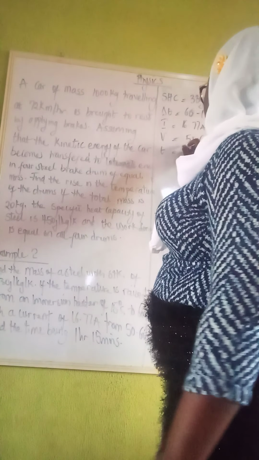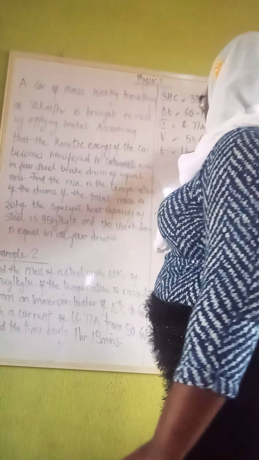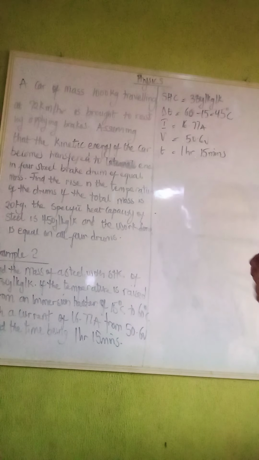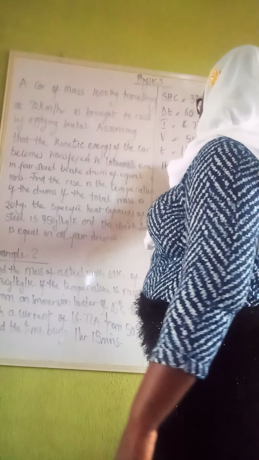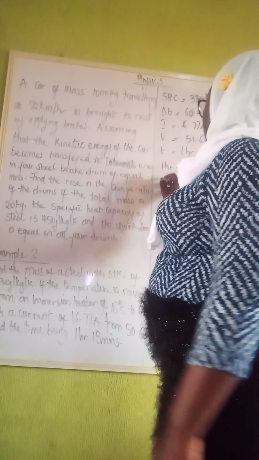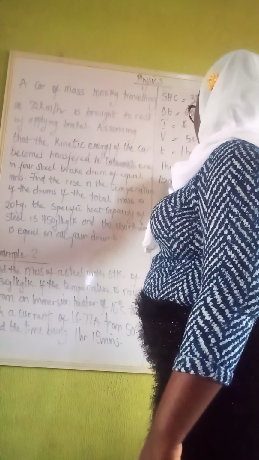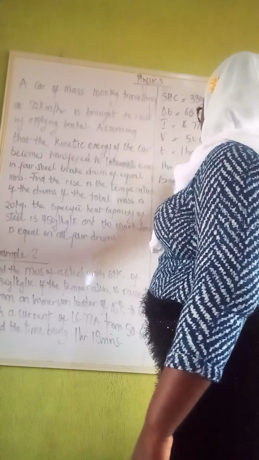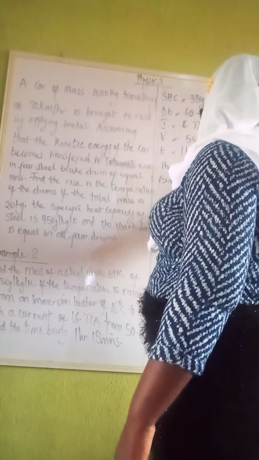And the time, remember your time has to be in seconds, but here we're given 1 hour, 15 minutes. So we have to do the conversion. Let's first of all convert the 1 hour to seconds. So 1 hour will be 60 times 60, we have 3,600 seconds. Now the 15 minutes, convert it to seconds. That will be 15 times another 60, and that will give us 900 seconds.